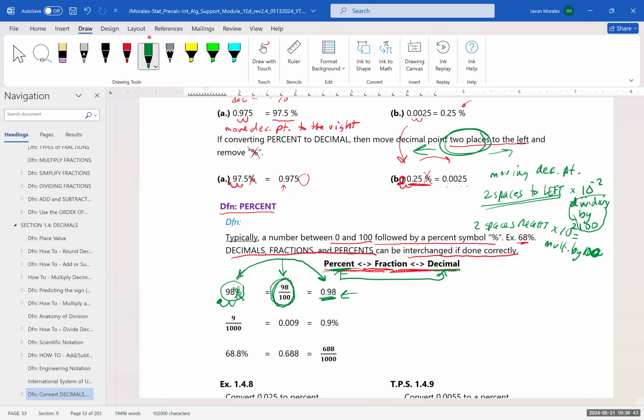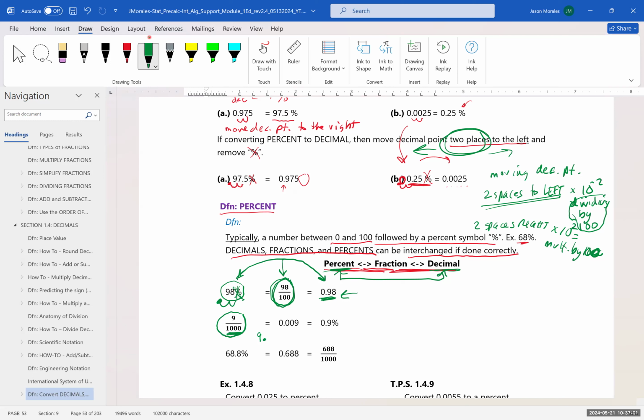Likewise, if we've got a fraction like 9 over 1,000, so this is 9 divided by 1,000, notice that we've got 3 zeros here. We take 9, and we can write 9 as 9 point.